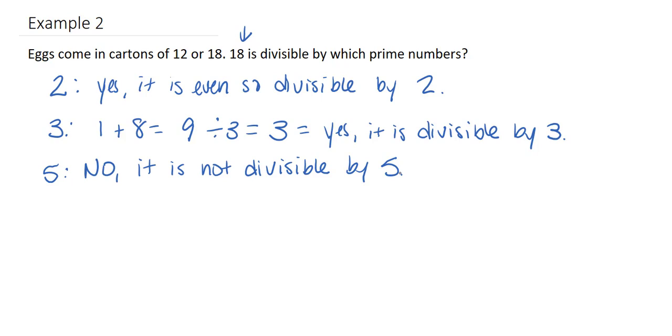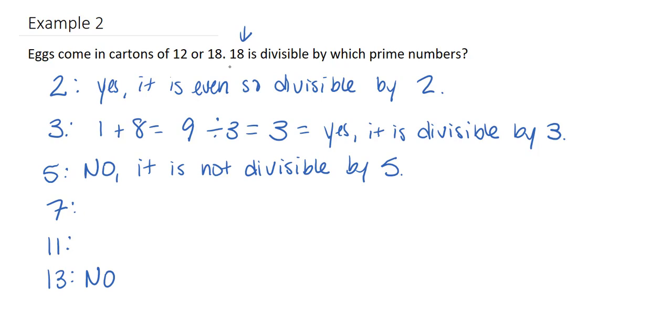Then we look at the next prime numbers. We can look at 7, 11, and probably anything after like 13, it's not going to work, because 18 divided by 13 wouldn't be whole. So any number after that, it won't be. Now we look at 7 and 11 first. Well, 7 times 2 is equal to 14.